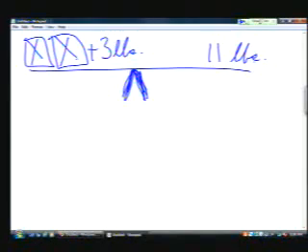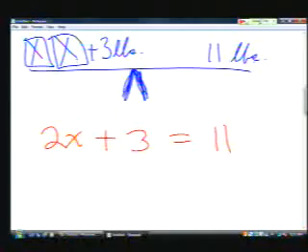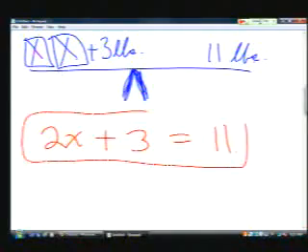Now, usually this particular balance would represent the equation 2x plus 3 equals 11. The reason we call this a linear equation, by the way, is because it's an x to the first power. And when you graph any equation that involves x to the first power, you will get a line.